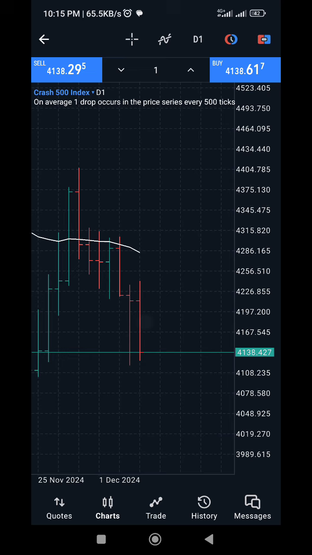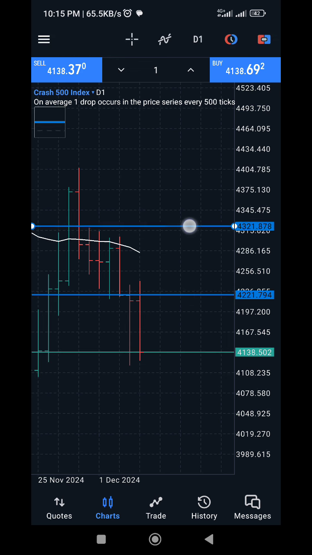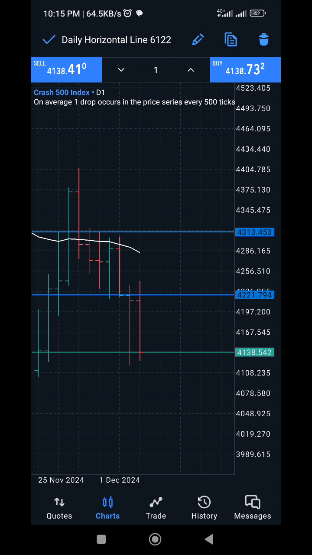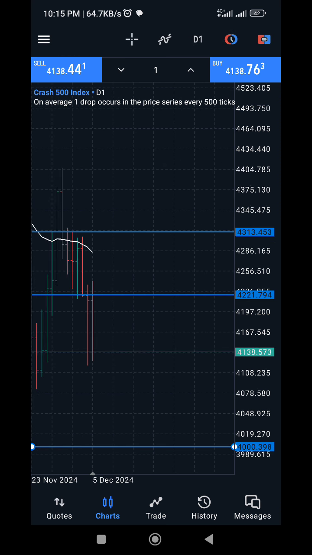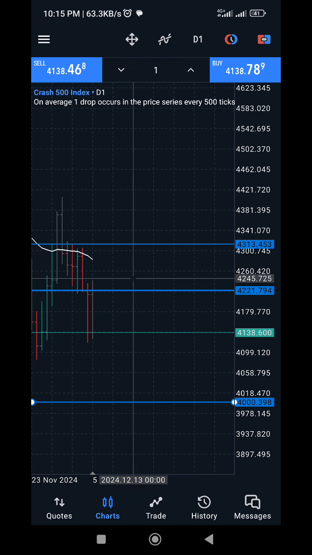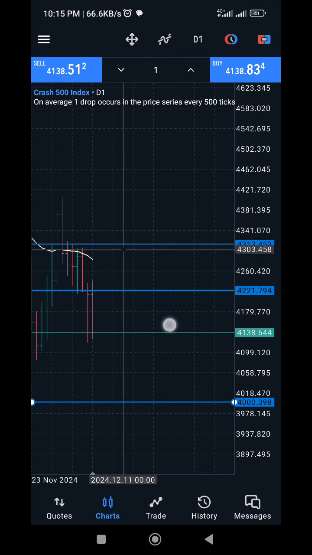So we know what you just do. What you just do is this. You take a sell here and place your stop loss here, and then you can just pick a 1:2. Let's consider the number of pips.